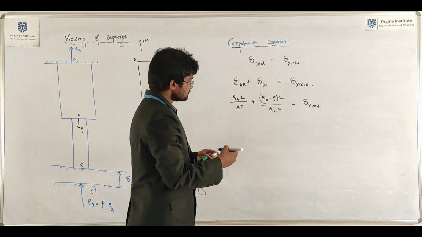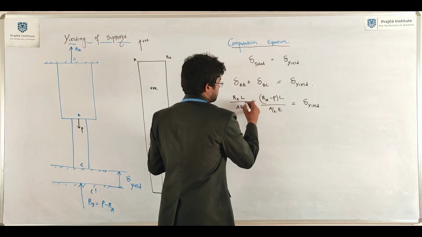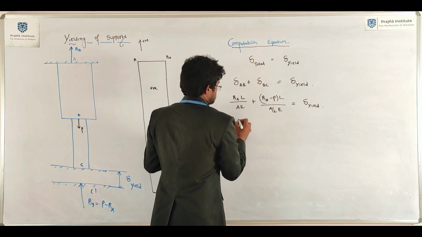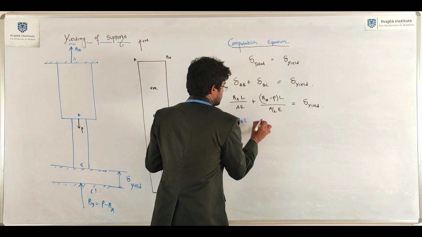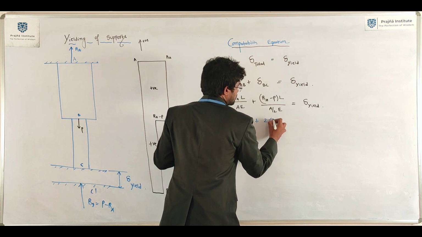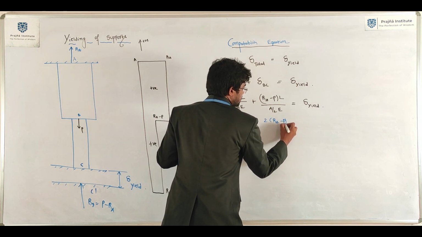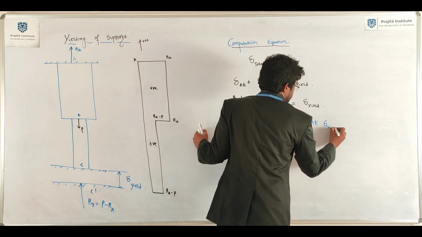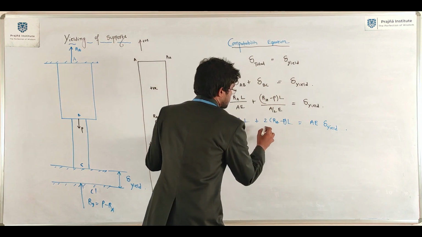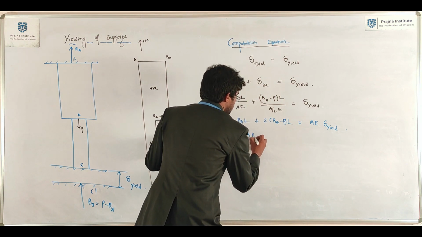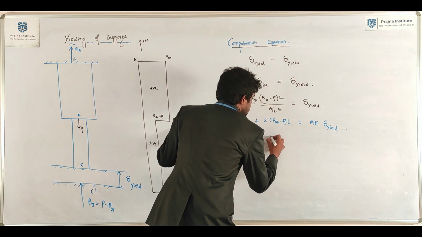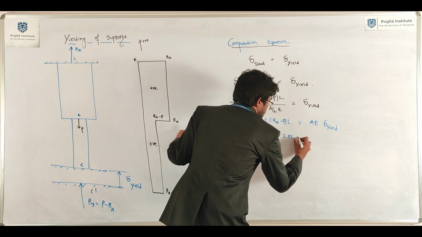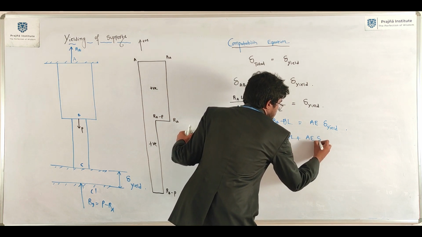Now tell me, how much is this? Here RA into L plus 2 into RA minus P into L, AE into delta yield. So here what will we get? 3RA into L is equal to 2PL plus AE delta yield.